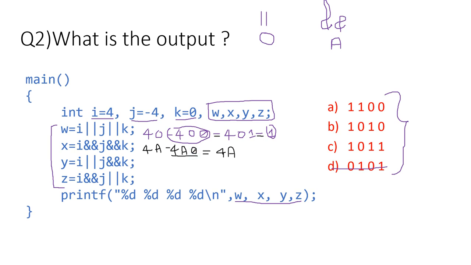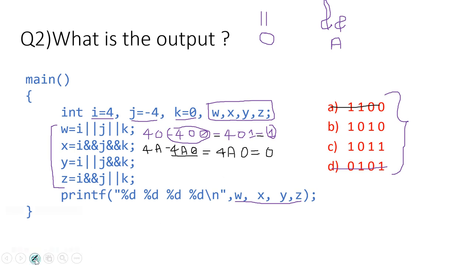Since this is a 0, you are going to get a 0, and since you have this 0 here and this is a logical AND operator, you're going to get 0 here. So we can rule out option A, and option B or C is the right answer for now.